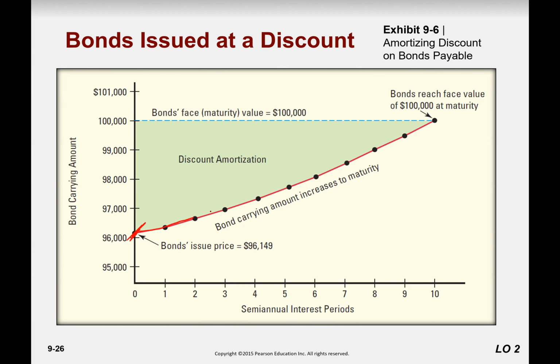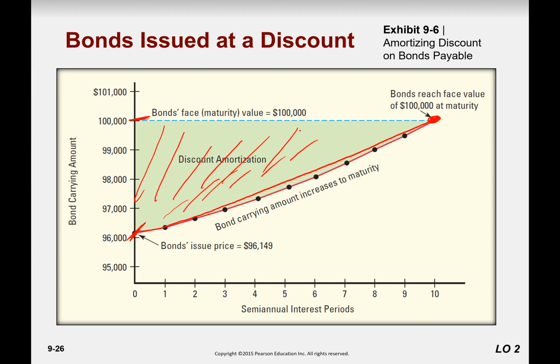So gradually the bond value increases and equals the face value of 100,000. So it means this shaded area, which is discount, is being decreased or amortized with the passage of time, which increases our interest expense. Guys, you understand?